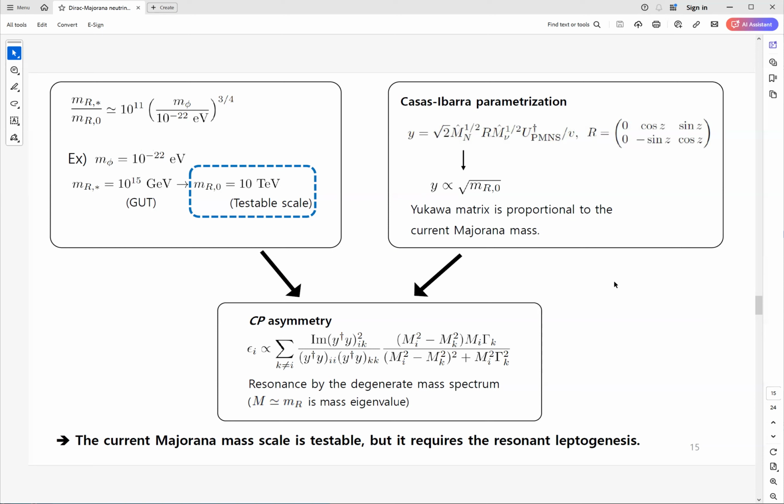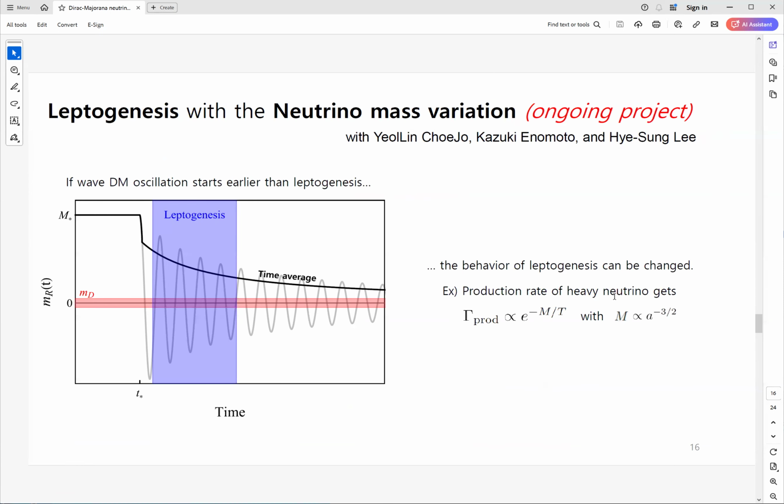So to keep the large CP asymmetry, because this epsilon is related to the scale of the Yukawa matrix, to keep the right BAU, a large CP asymmetry epsilon is necessary. Because the Majorana mass term in the present time is small, 10 electron volt, the CP asymmetry should be resonantly enhanced by the degenerate mass spectrum. So the point of this slide is that the current Majorana mass scale is testable, but it requires the resonant leptogenesis scenario. And maybe I will explain such leptogenesis with neutrino mass variations in the next video.